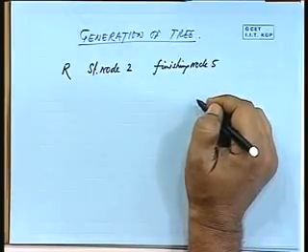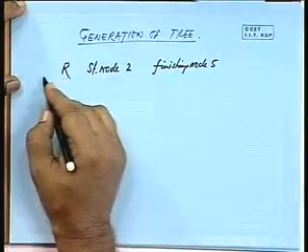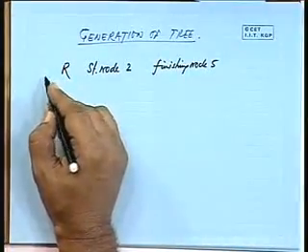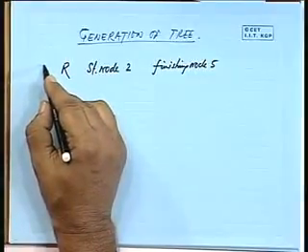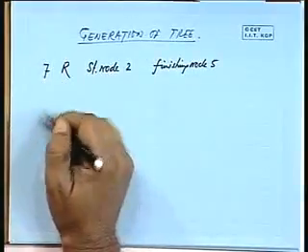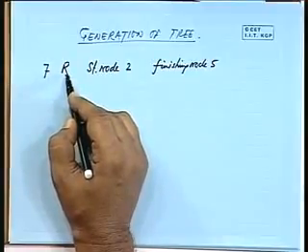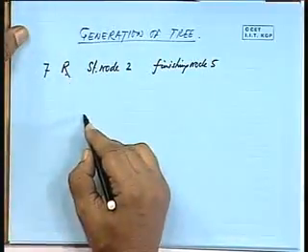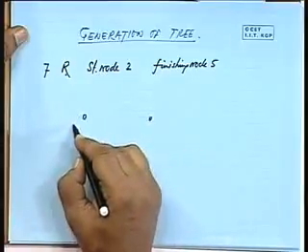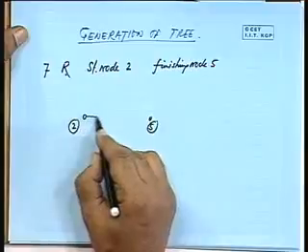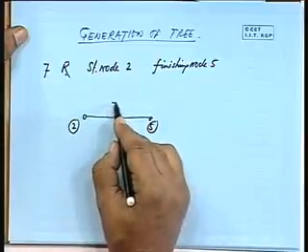Before this sometimes we give the element number, say it may be element number 7, this is the type, it may be resistance, inductance, capacitance, etc. So between node 2 and node 5, you have an element number 7.